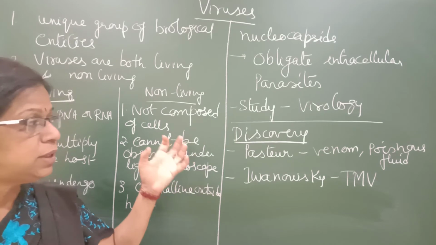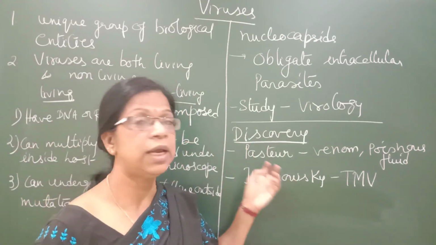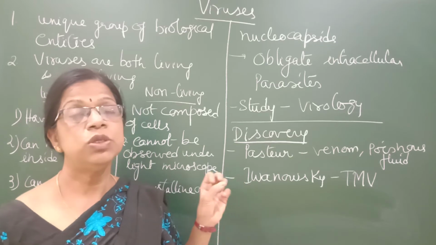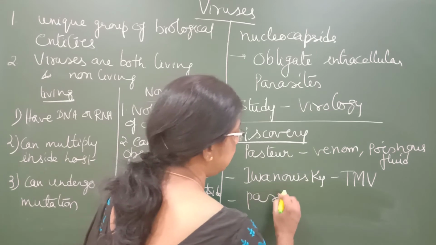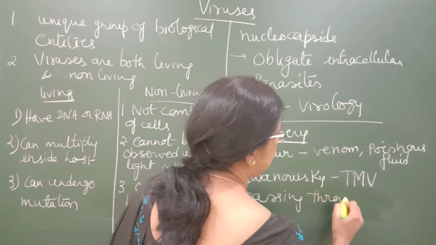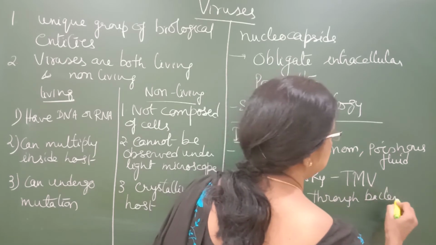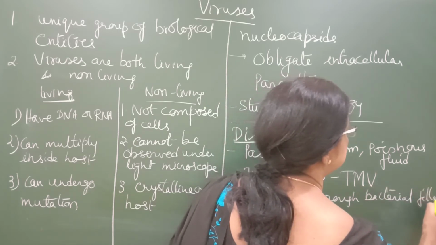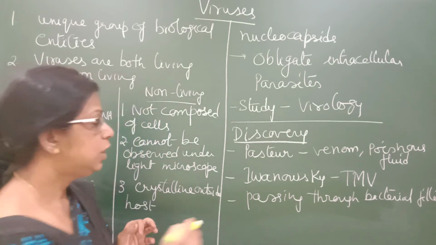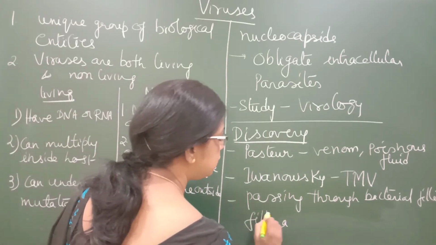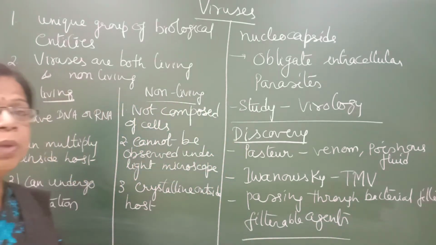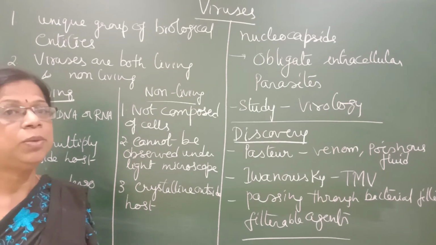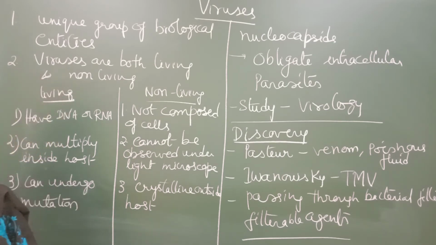When the extract was taken from the plant, it was observed that these organisms were easily passing through bacterial filters. Therefore, these were called filterable agents. The term filterable agents was given by Ivanovsky. So that is about the discovery.